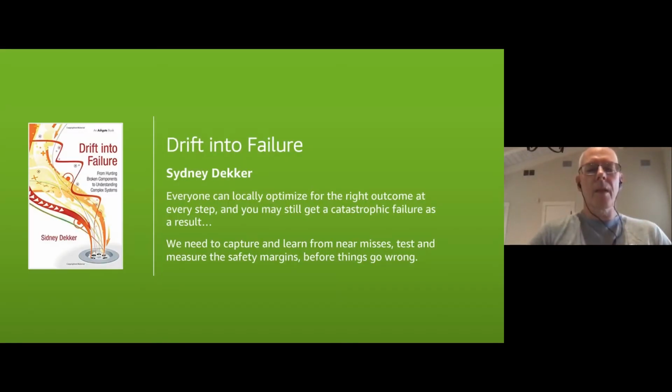And this is encapsulated in this great book that I've been recommending to people for a long time, Drift into Failure, which explains why this occurs. Everybody with the best intentions, locally optimizing at every step in the process, will gradually consume all of that safety margin until the system fails.